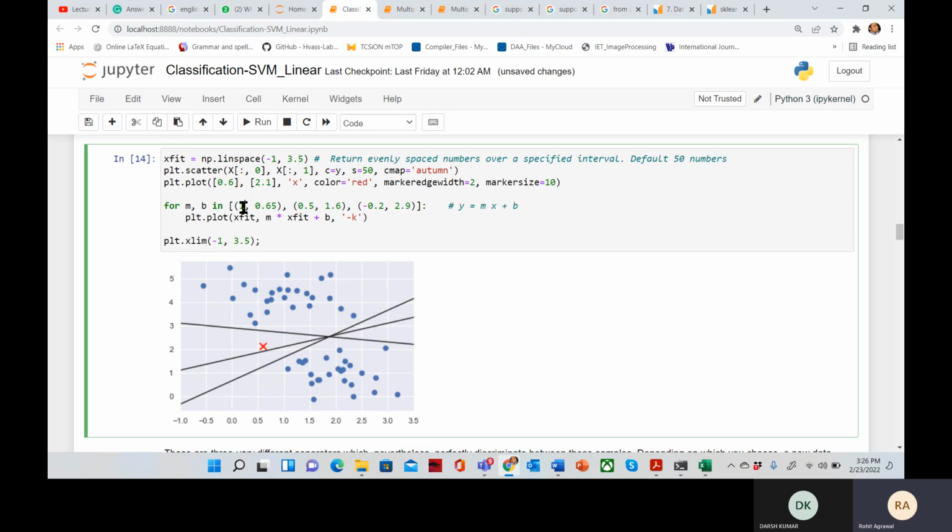So first time I am using slope 1, with this different value of b, and we are just plotting this line. So we are plotting this x value and this is the y value.